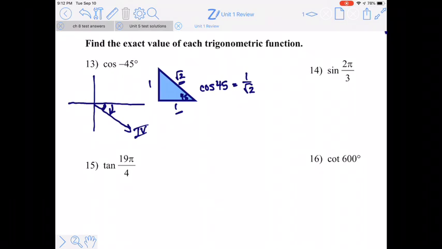Since we're dealing with cosine, the cosine of the original angle and the cosine of the reference angle have the exact same value, both positive. So the answer is 1 over square root of 2. I'm okay if you leave it in this form. If you want to rationalize the denominator like you've been taught, you could multiply it by the square root of 2 over the square root of 2 and write this answer as the square root of 2 over 2.